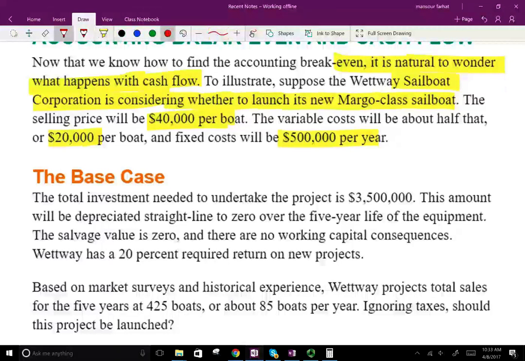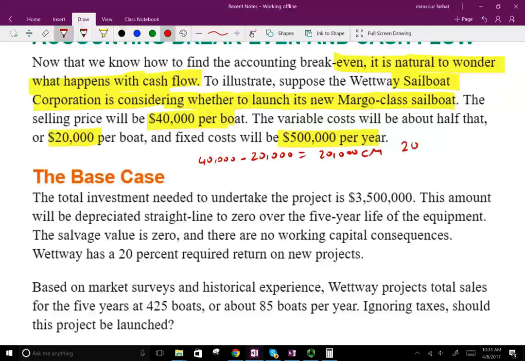Well, if I take 40,000 minus 20,000 variable cost, that gives me 20,000 per unit. This is called CM, contribution margin.